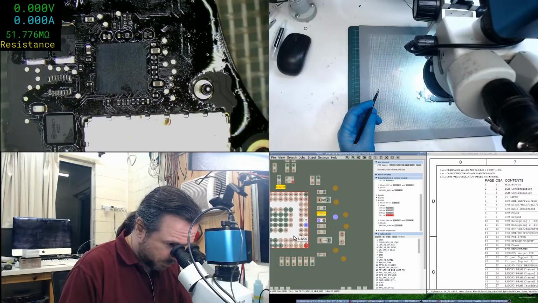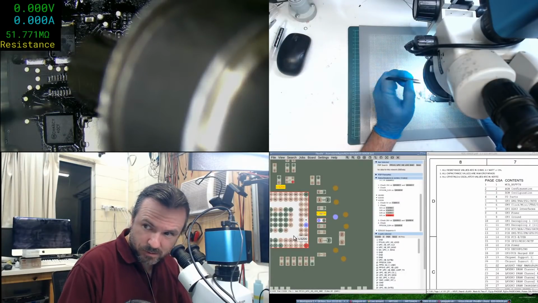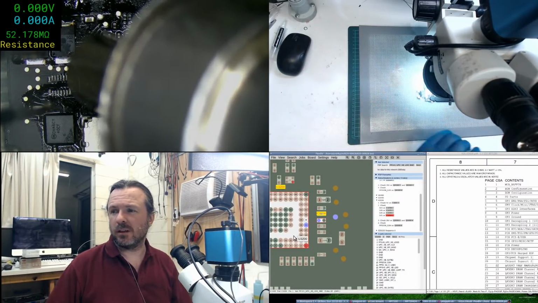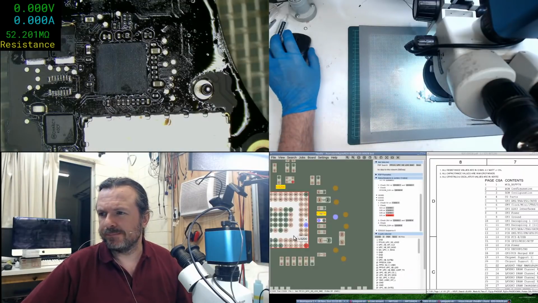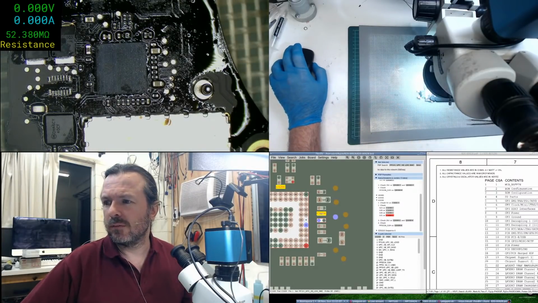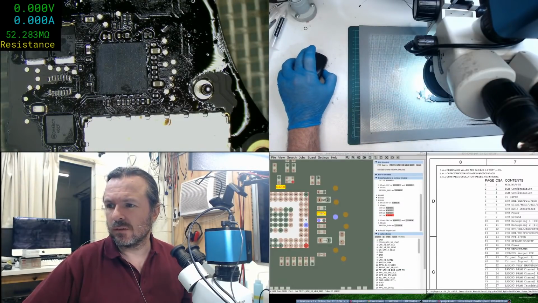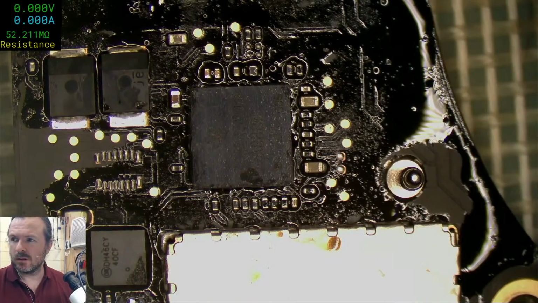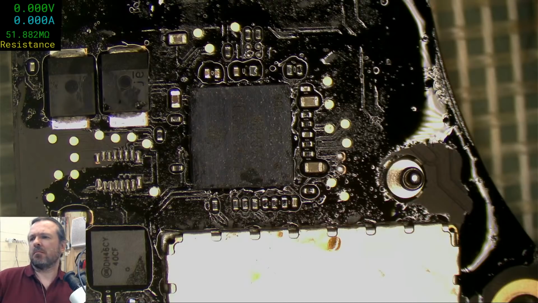So how's the scope lag now? Oh yeah, I see that. Yeah, that's serious scope lag. I don't know what's going on there.